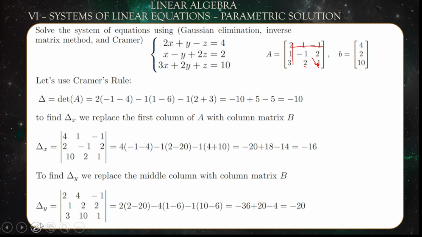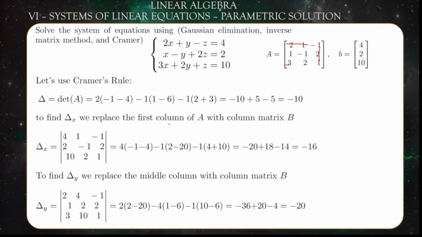Then you have minus 1 multiplied by 1 minus 6, correct? Finally, you have minus 1 multiplied by 2 plus 3. So that equals minus 10 plus 5 minus 5, equal minus 10.